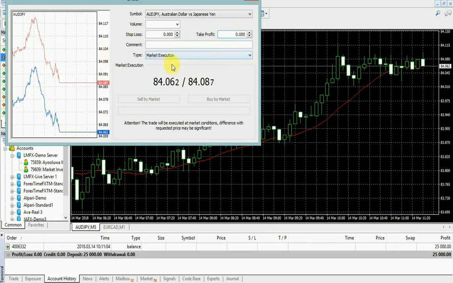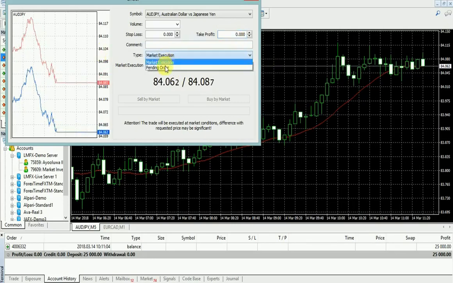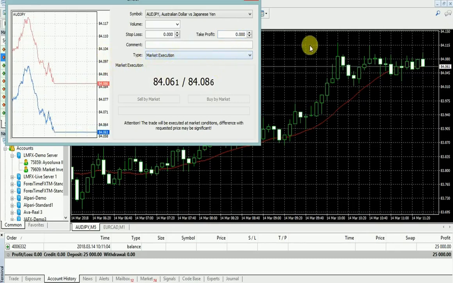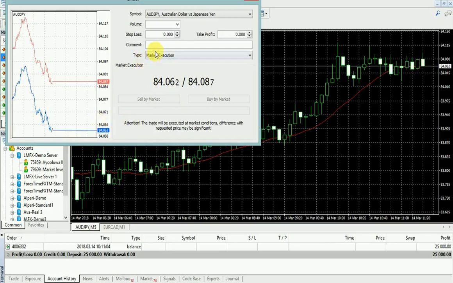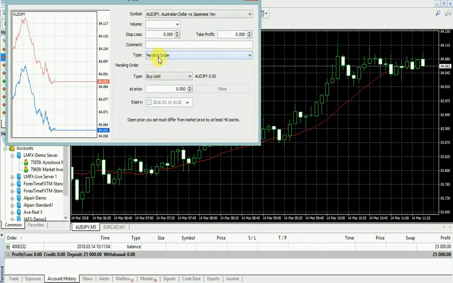Now, the type is market execution or pending order. It depends on what you want to trade. Some people might say, I want to trade this particular point right away. So you set your volume, your stop loss, your take profit, then you buy or you sell. Or you say you want a pending order: I don't want it to trade now, I want to trade at this particular price.